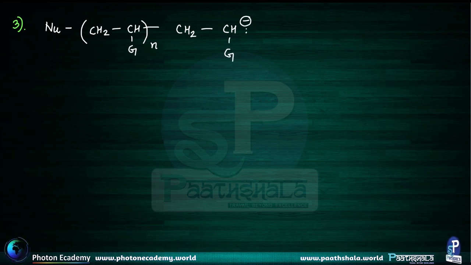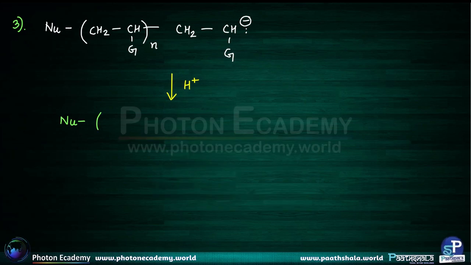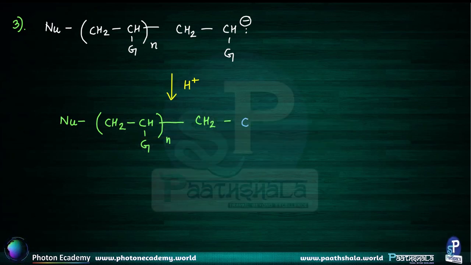So we put an acid into it, and H plus is the acid over here, what happens is that the termination of the chain will occur, and the terminated chain will look something like this. So we have CH2, and now the negative charge is removed, and what follows is CH2 with a G group. So this chain is terminated.